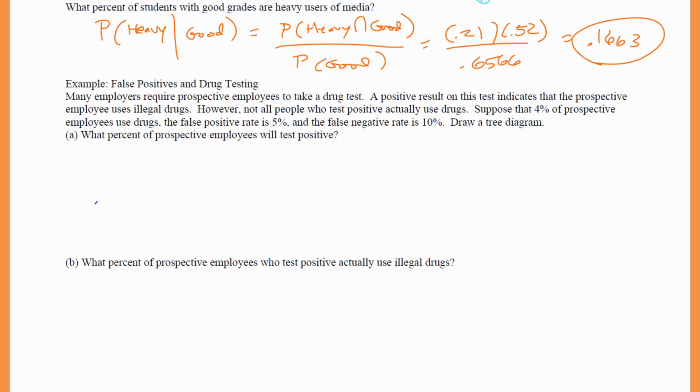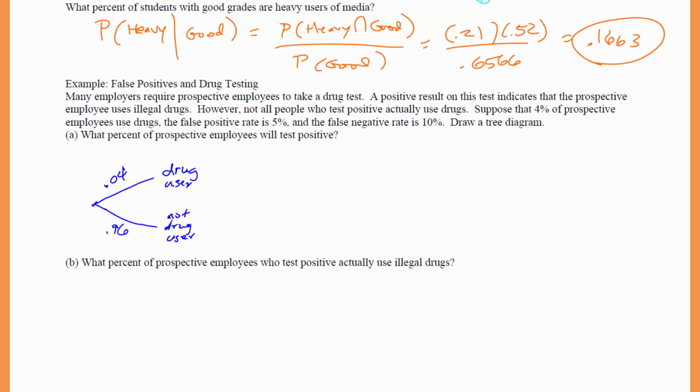So the first terms of our tree might be that they are a drug user or not a drug user, because everybody fits into one of those two categories. And we know the probability of both of those because we're told 4% actually use drugs. So I'm going to write that as a decimal here, 0.04. If 4% use drugs, that means 96% do not.